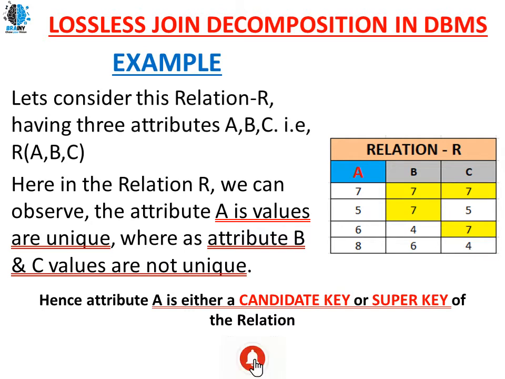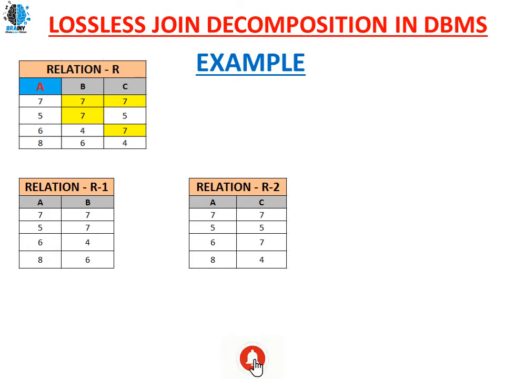Our join operation is purely based on this candidate key or super key, because this is the third rule of lossless join decomposition: the join should be performed only based on the candidate key or super key of the relations. Let's see this with an example. I have the same relation with attributes A, B, C. A has unique values, B has repeated values, and C also has repeated values.